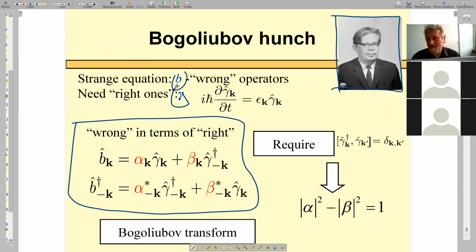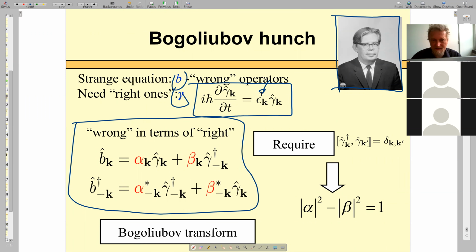And for right ones, we would have a usual form of equations for creation and annihilation operators with some epsilons, with some energies of single particle excitations.